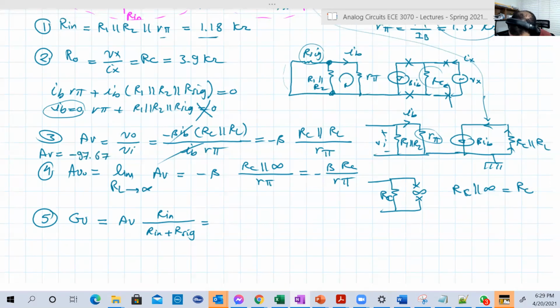So GV is equal to, AV is known now, and R input and R signal are also known, so this will give us minus 36.36. Okay. That's basically, guys, a complete circuit analysis from the very start point in DC analysis to the last point, which is finding GV.